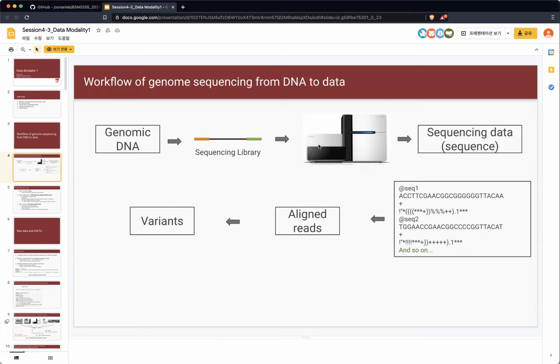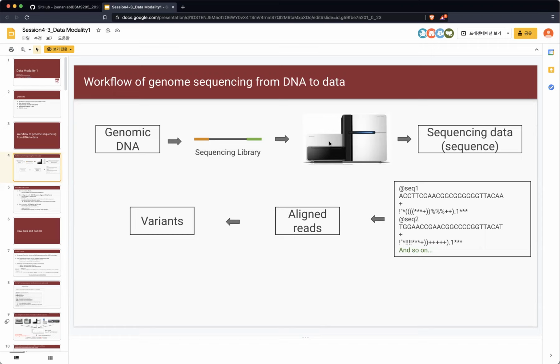Once you put your library into the machine, that library is in liquid format, in a tiny tube. Then you use a pipette and move the library into the machine. Then the machine will start analyzing that library information into the data format, right?